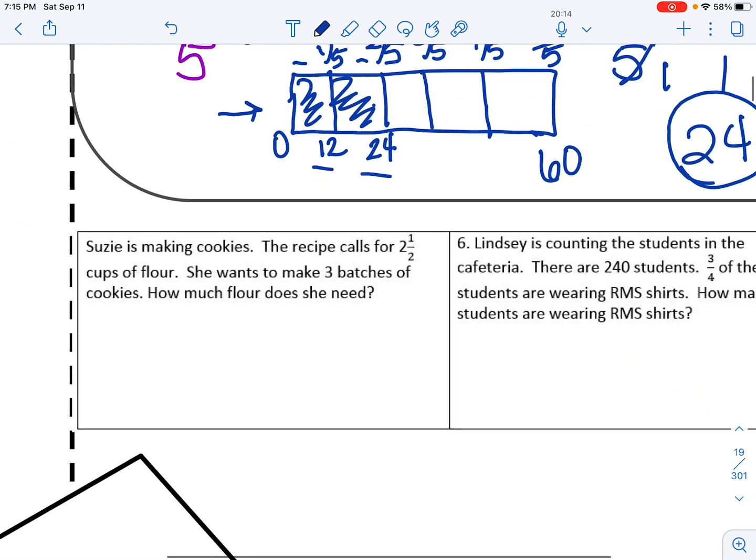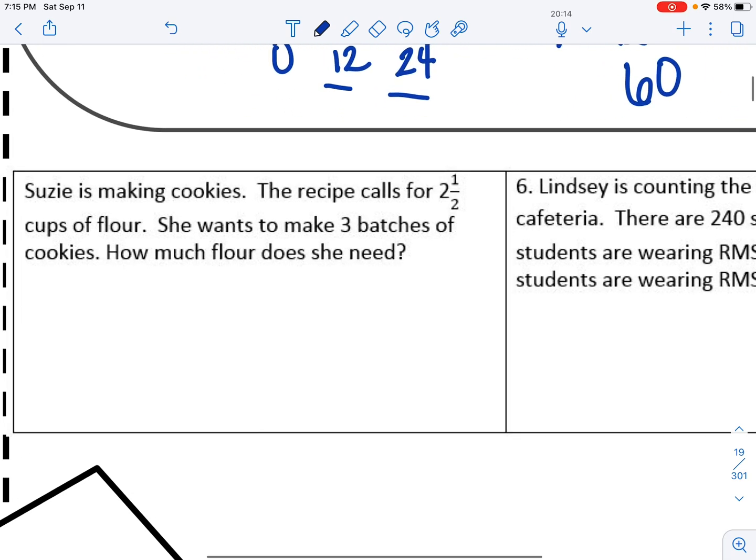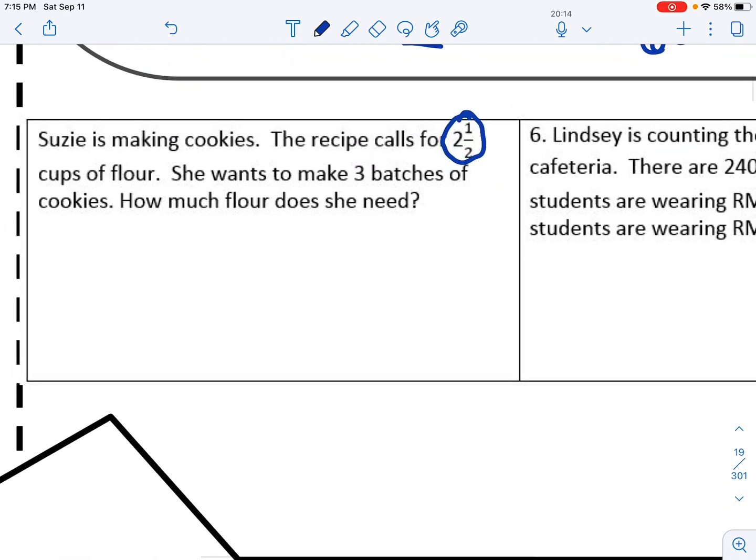All right, next word problem. Susie is making cookies. The recipe calls for 2½ cups of flour. She needs to make 3 batches of cookies. How much flour does she need?